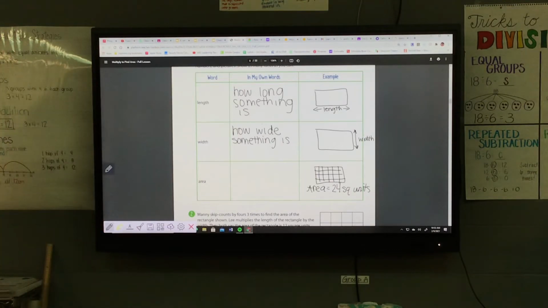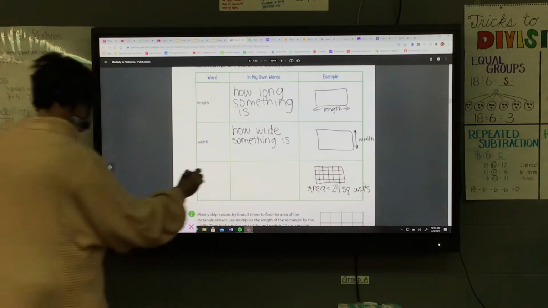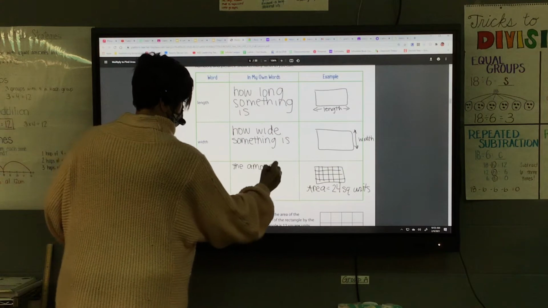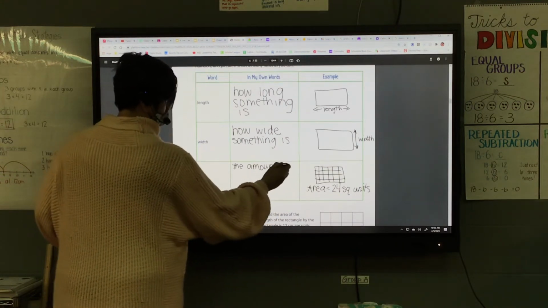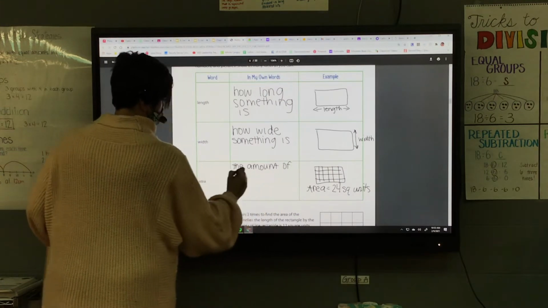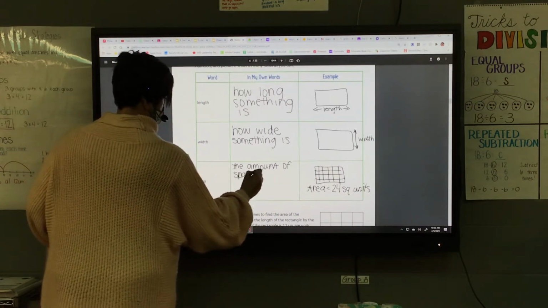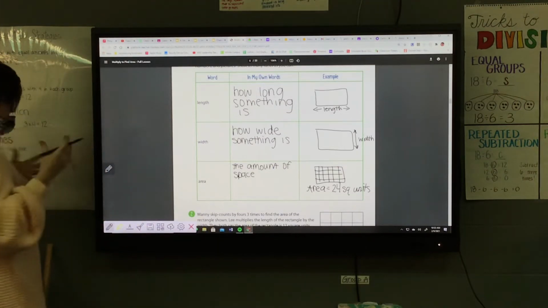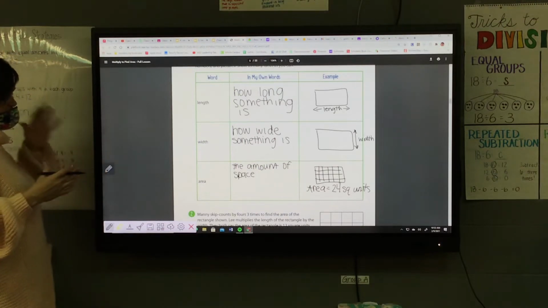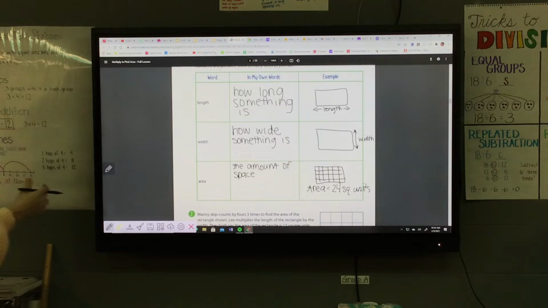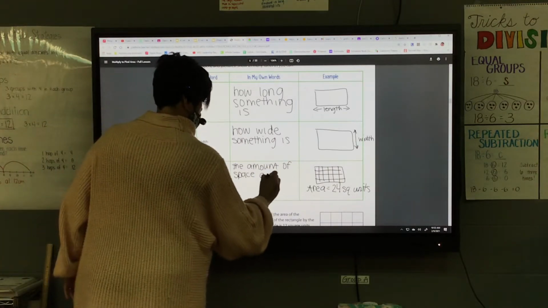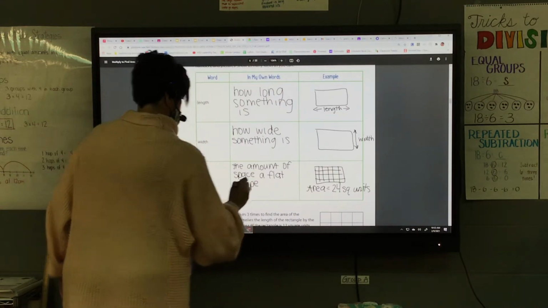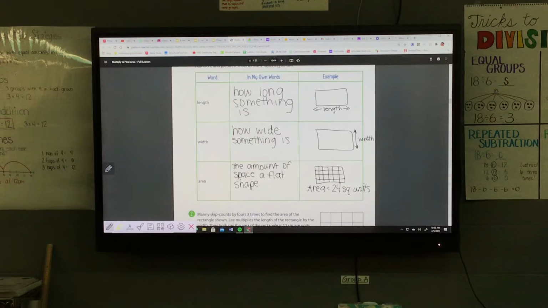So for the area, let's say the amount, ooh, that's an NT. I didn't lift up my pen. The amount of space a flat shape, I want to say takes up or has.